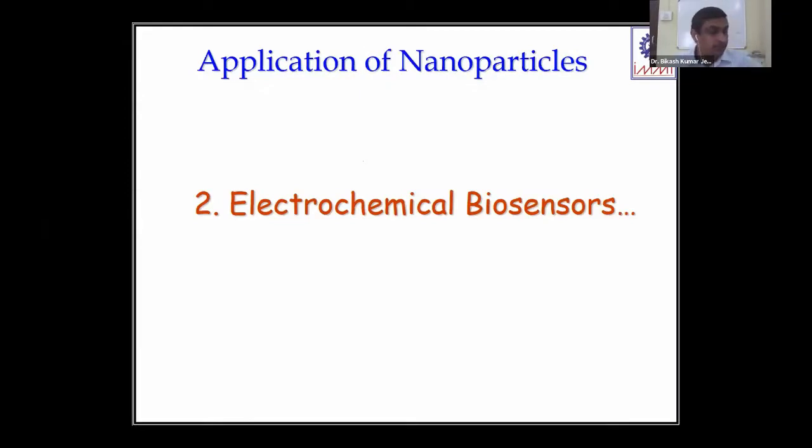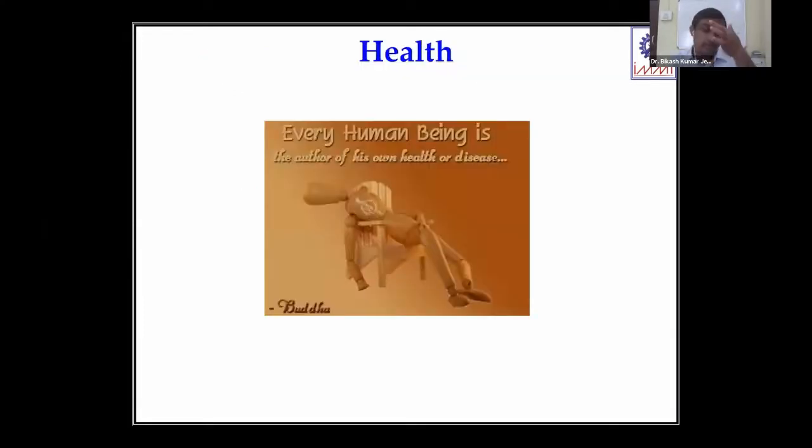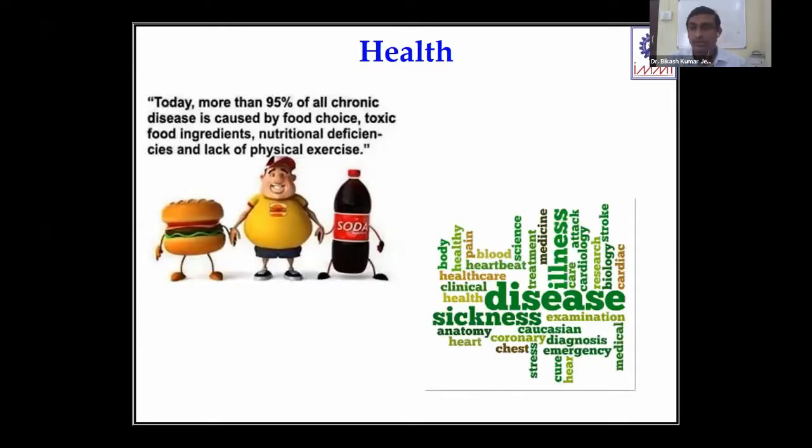Now I'm going to discuss the electrochemical application, the development of some electrochemical biosensors using these nanoparticles. Before that, let me give some introduction about why we need biosensors, because it's very essential for our health. You all know the importance of health for us.